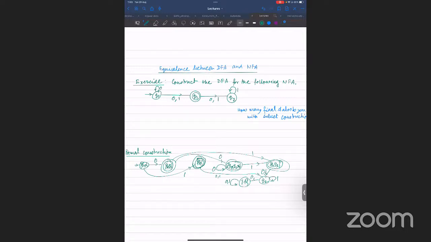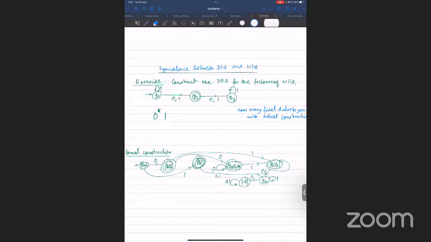The language being accepted by this particular automaton is 0 star 1. Is it clear? Can you see this? Any question?